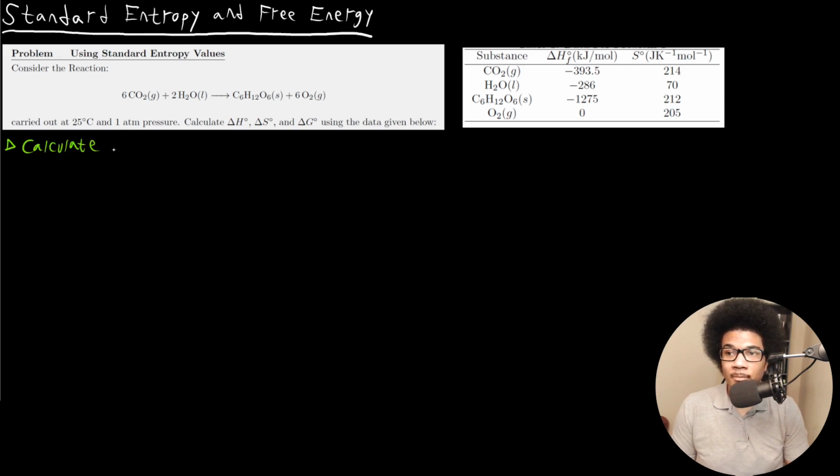So calculate delta H for the reaction. Just as a refresher, basically you're going to take the sum of the number of moles of the products times the enthalpy of formation for the products, minus the sum of the number of moles of the reactants times the enthalpy of formation for the reactants.